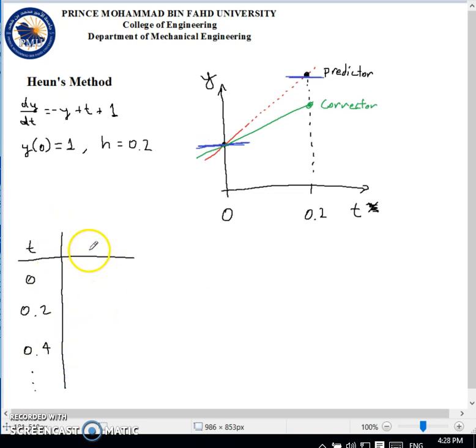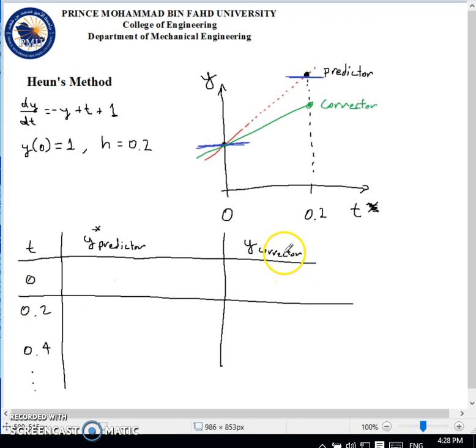And then we have our y predictor. Usually we mark it with a star. And our y corrector. So for the initial value, we know the y corrector is the initial value, 1.